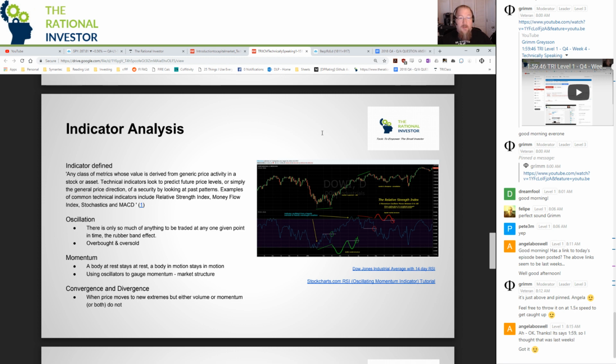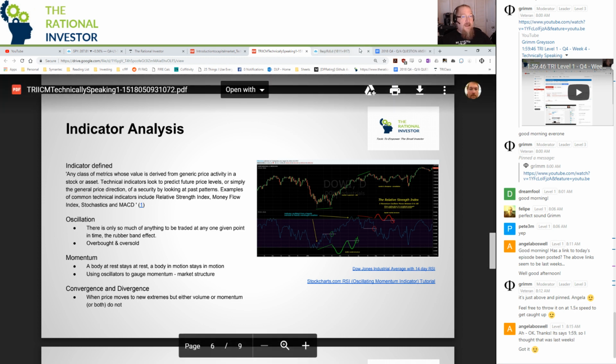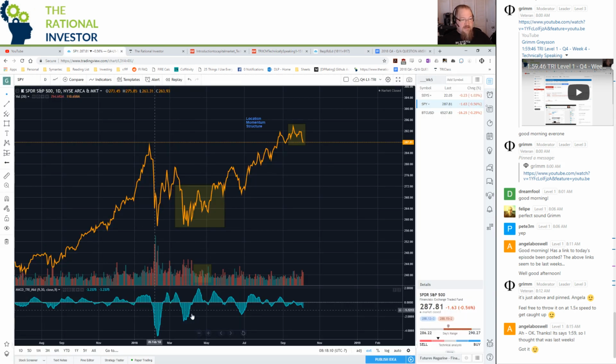And that's true. But by analyzing these indicators in how they relate to price, when we look for divergence and convergence, we can get a strong future forecast from those, even though they are based on historical data, right?